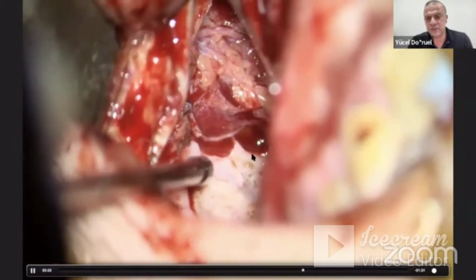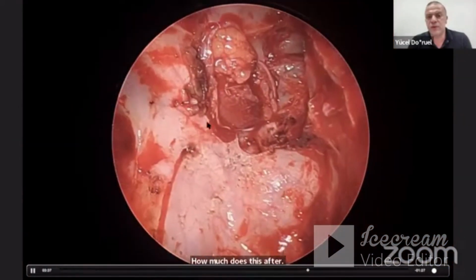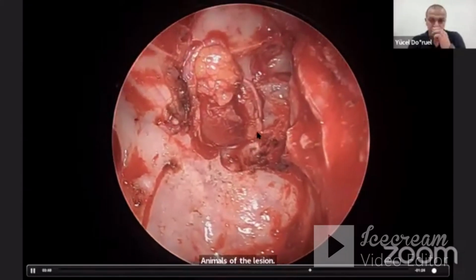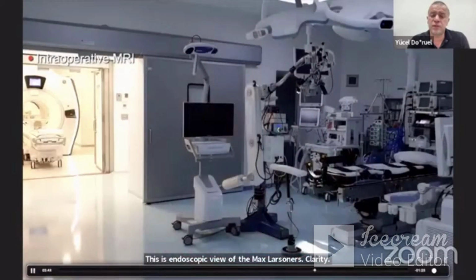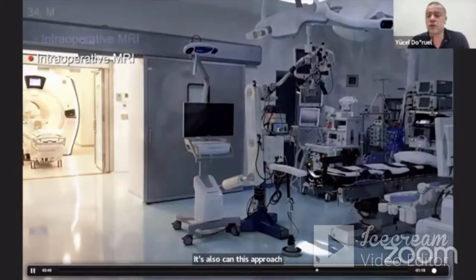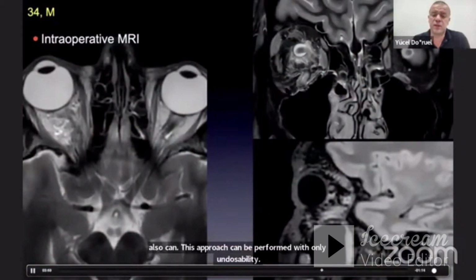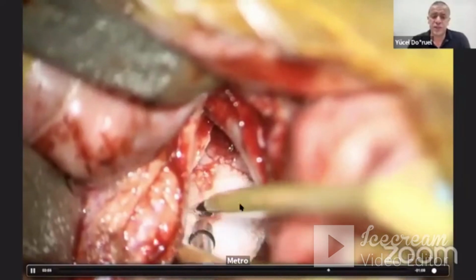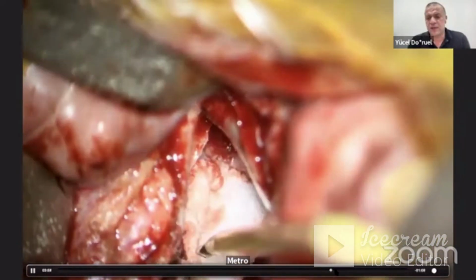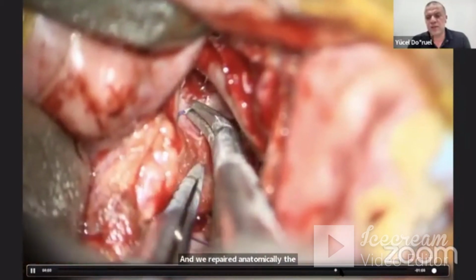Hemostasis after removal of the lesion. This is an endoscopic view of the maxillary sinus cavity. This approach can also be performed purely endoscopically. The case I am showing is a microsurgical case. Intraoperative MRI confirmed the resection, and we repair the orbital floor anatomically.